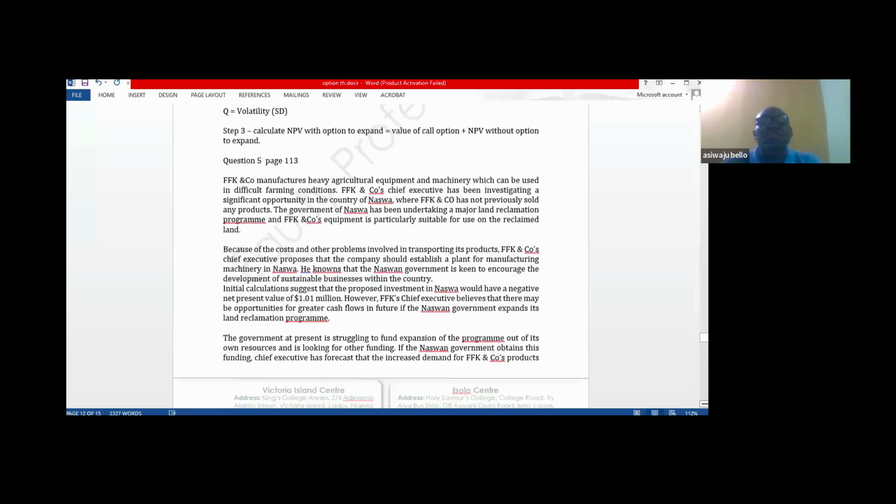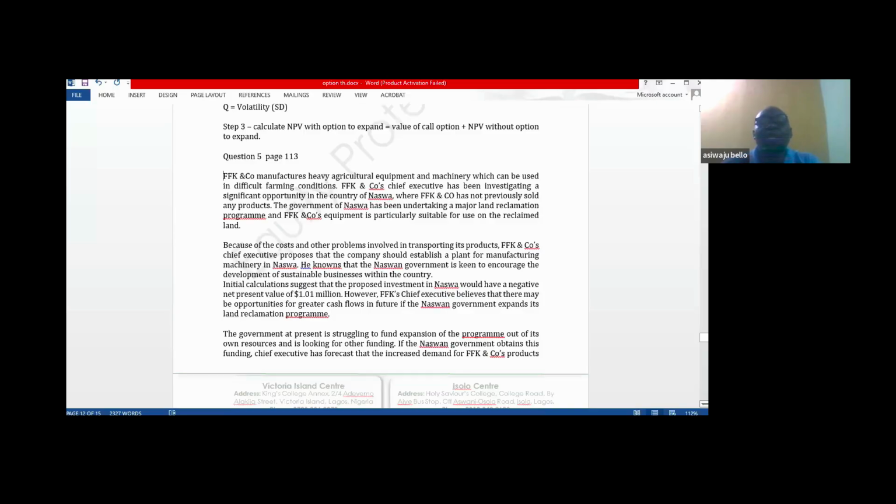Because of the cost and other problems involved in transporting its products, FFK and Co.'s Chief Executive Officer proposes that the company should establish a plant for manufacturing machinery in Naswa.